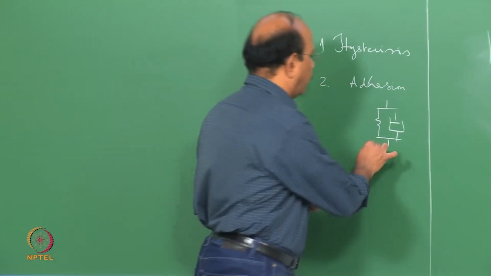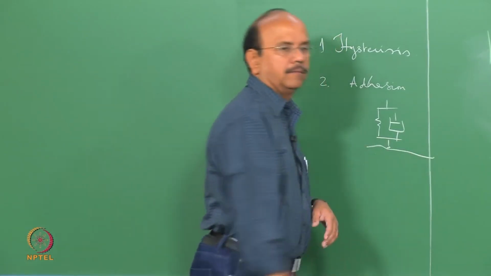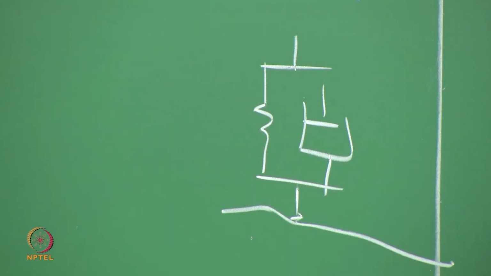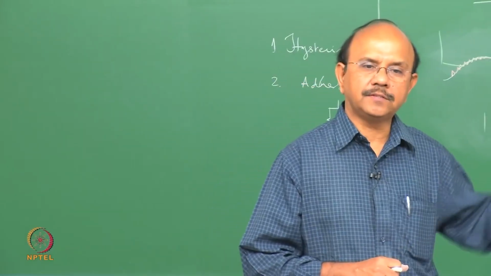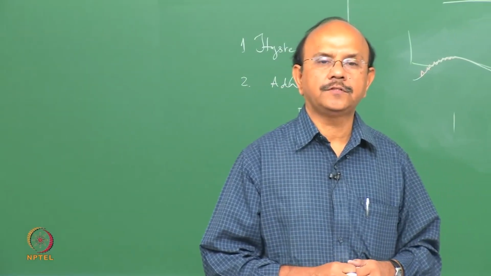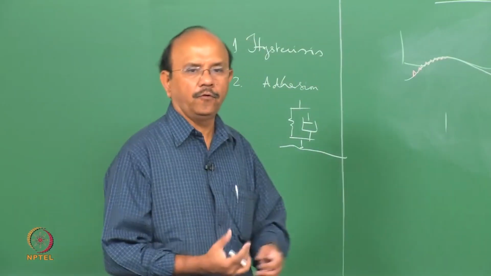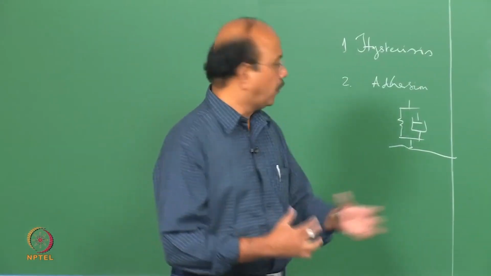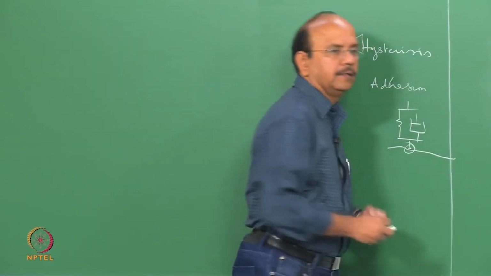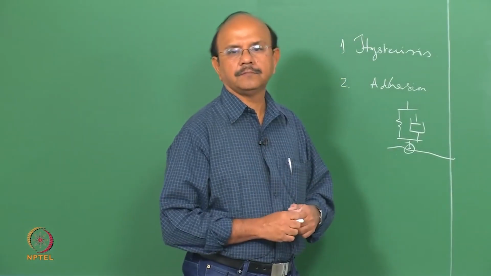Okay? They form a bond with the surface molecules, or the surfaces that exist. And then when they are subjected to a force, these bonds that are present here break.